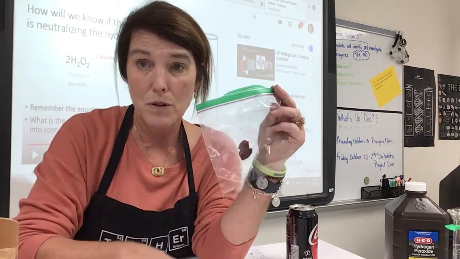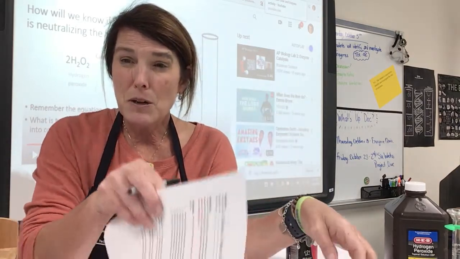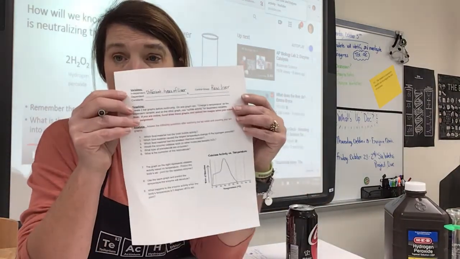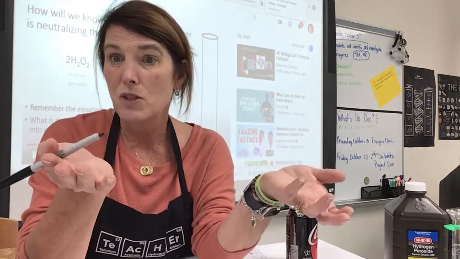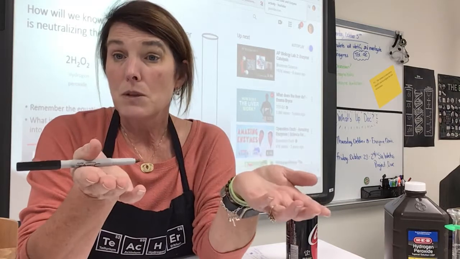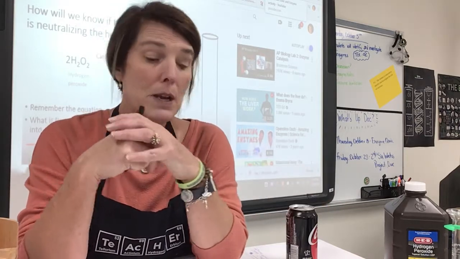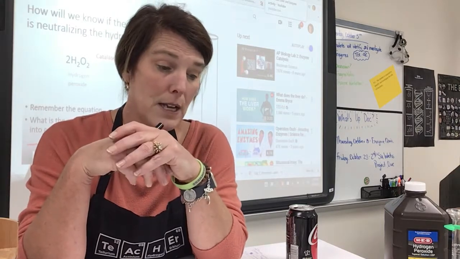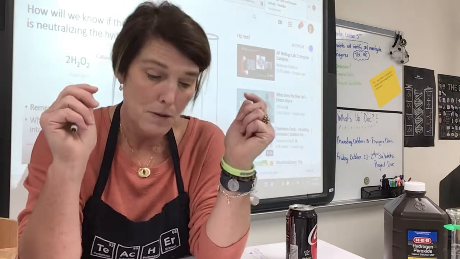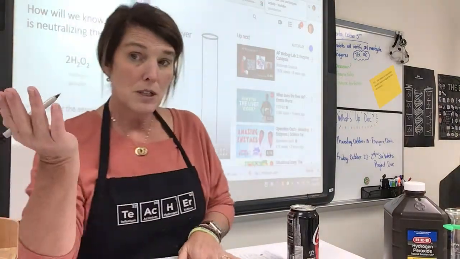Now, dependent variable, a good way to remember dependent variable is that it depends on what you do to it. It'll change, but it depends on what you did to it. So we have raw liver, we have liver soaked in vinegar, and we have liver that we zapped in the microwave for 1 minute. So what's going to change?